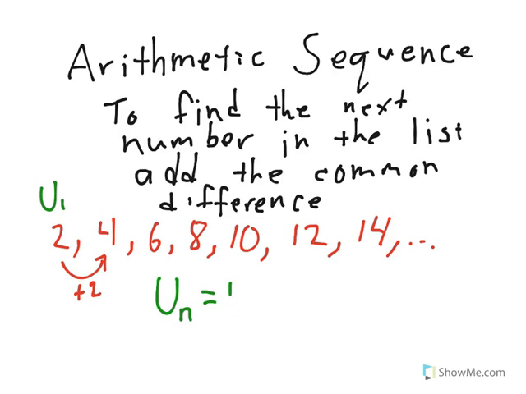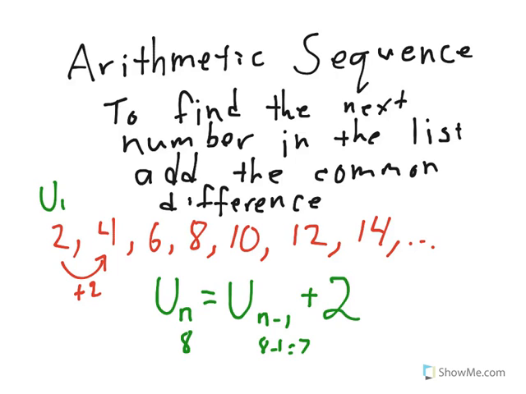So we would have to find the number that comes before u sub n, which would be u sub n minus 1. Because if I plugged in 8 for n, 8 minus 1 would give us the 7th term. And then I have to add the common difference. In this case, the common difference is 2.